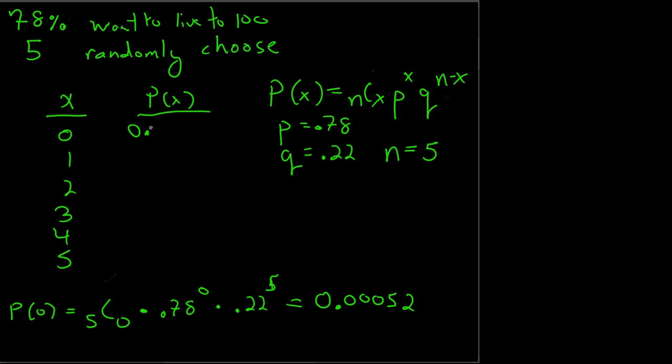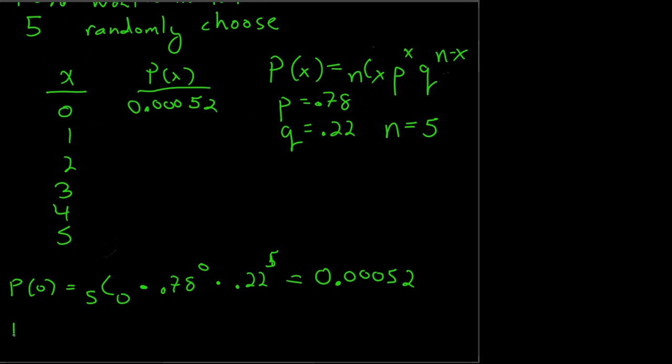So that would go in here, 0.00052. All right, and I'll continue, and again, I will use the up arrow to replace on my calculator the zeros with ones, and this particular 5 with a 4.